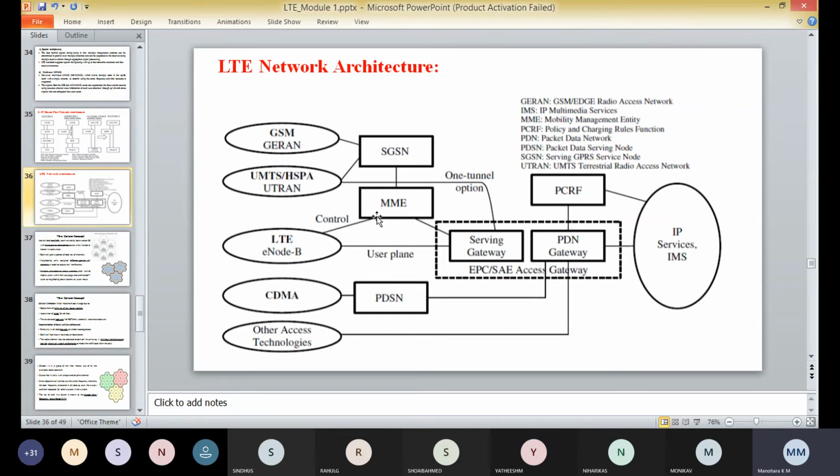So here a brief description of each of the four new elements is provided. The first one is the serving gateway, SGW. The SGW acts as a demarcation point between the RAN and core network and manages user plane mobility.